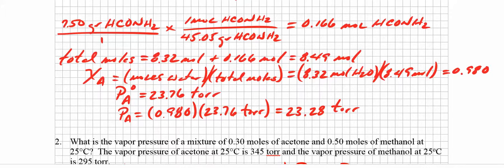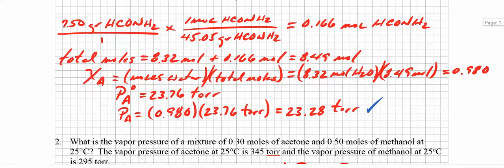When we multiply these two together, we get 23.28 torr. The vapor pressure of the water is now diminished slightly by the presence of the formamide. 23.28 is the new vapor pressure of the water with the formamide introduced into it.